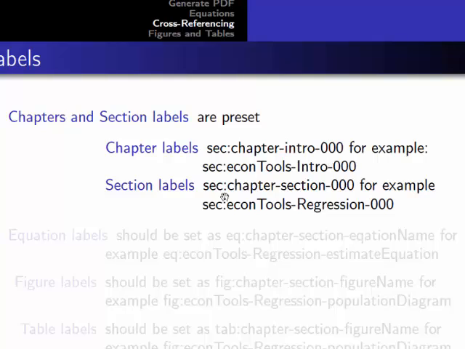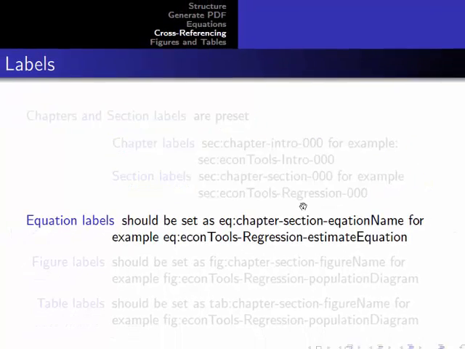/000. A section label consists of the three letters SEC colon, then the chapter name, like before, like Econ Tools, and then a dash and the section name. That would be regression in this case, followed by a dash and 3 zeros.